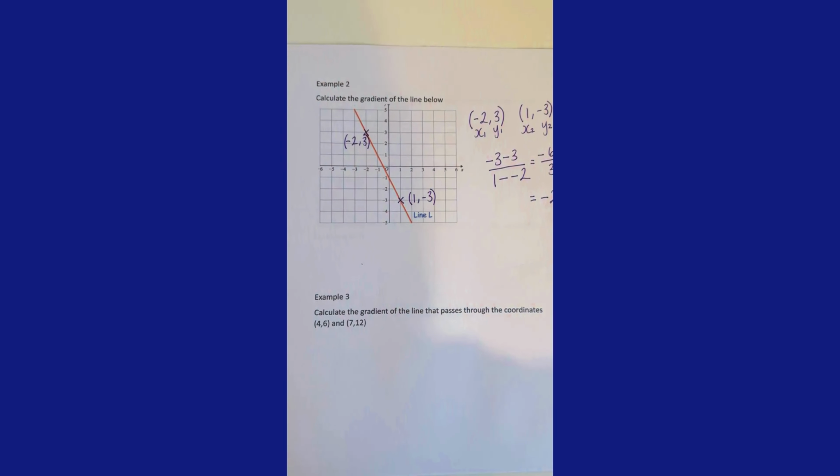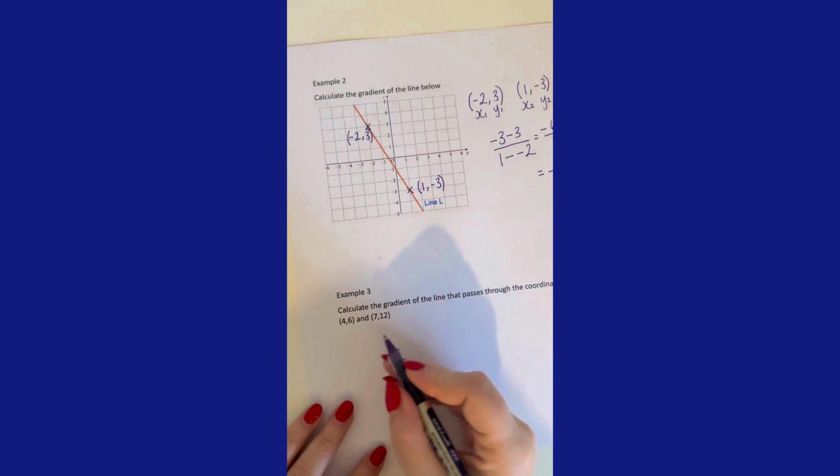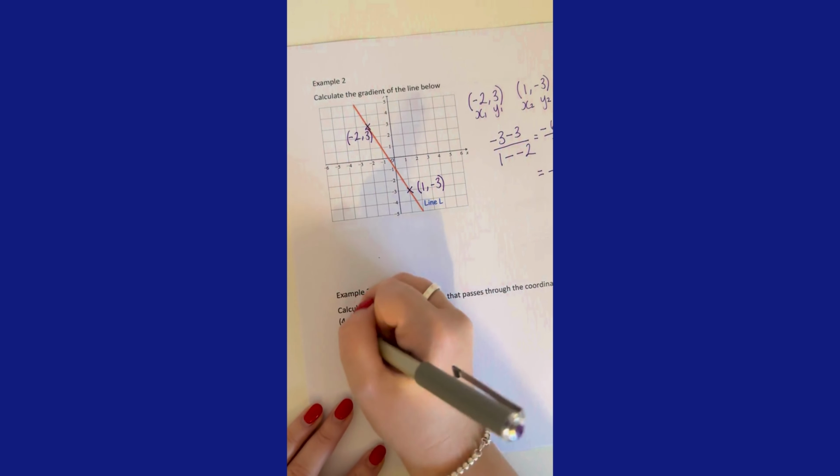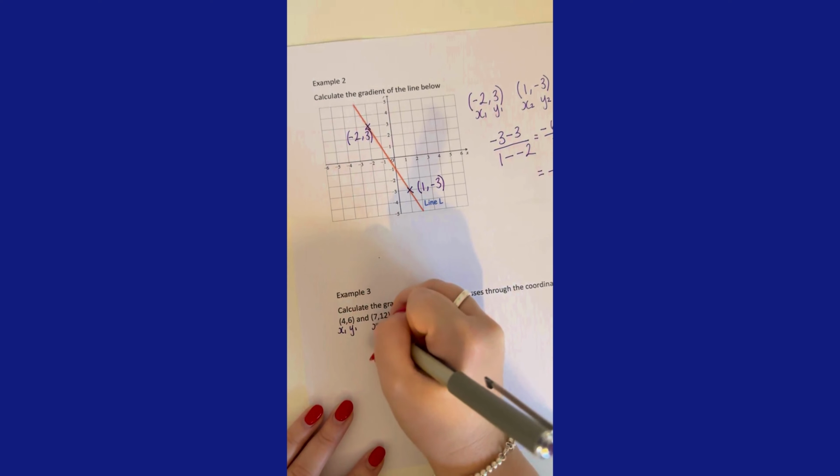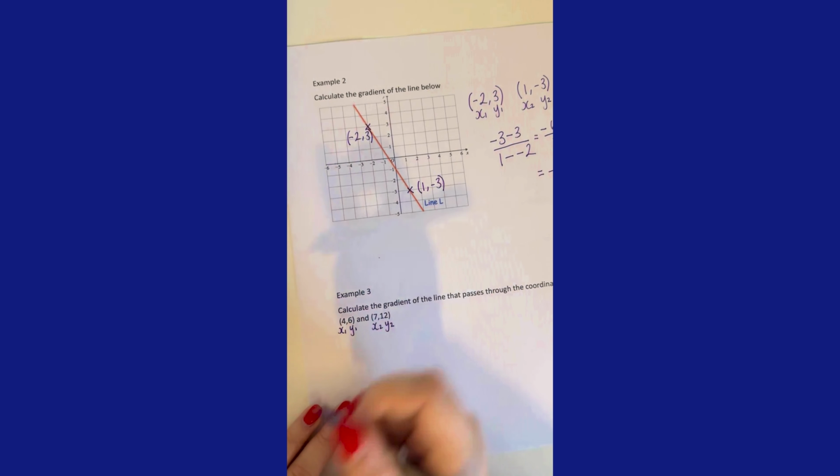So this is where our y2 minus y1 over x2 minus x1 comes in really, really handy, because we haven't got a graph to be able to do rise over run. So let's label them first and foremost. Our first one is going to be x1, y1. My second one is going to be x2, y2. Then I know my formula.